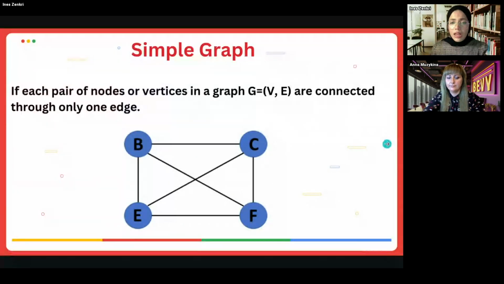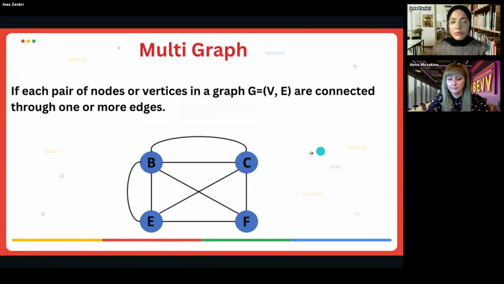And the opposite of that is a multigraph, which has cycles. For example, if we see here, BC have two edges between them, and that way it's not simple anymore, and we call it a multigraph, which has cycles or double edges as well. For example, this is called a double edge, and we call it a cycle, for example, if there is a self loop on the node.